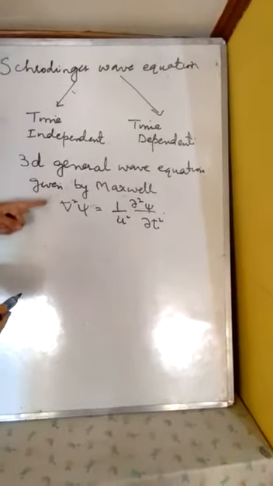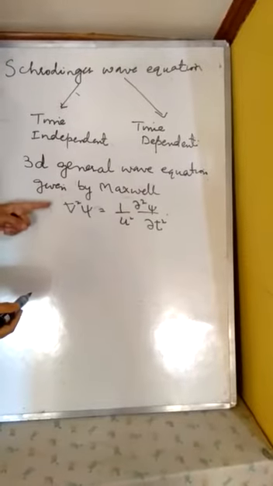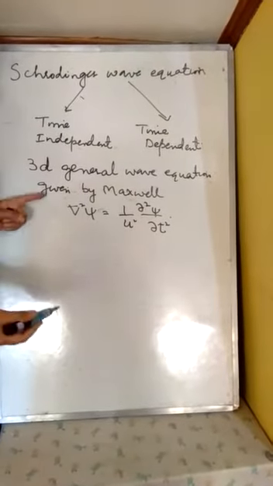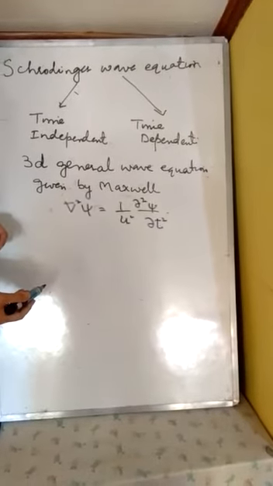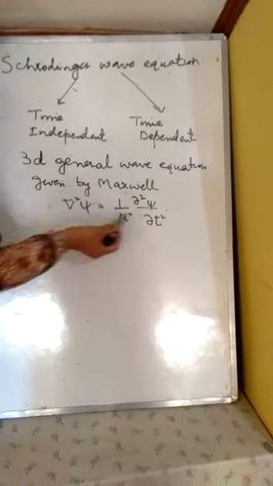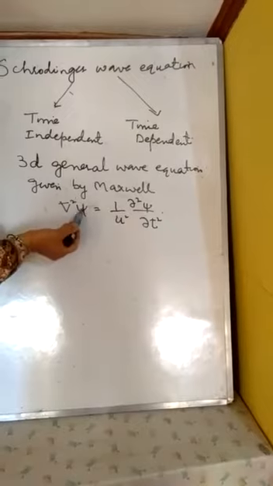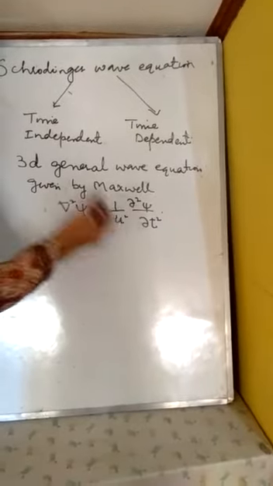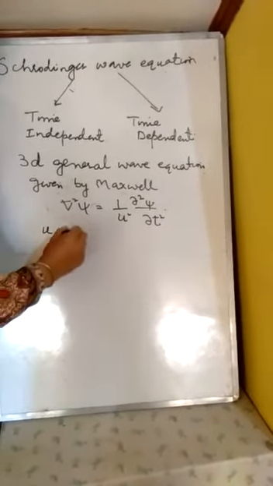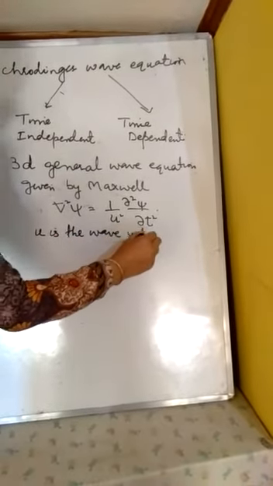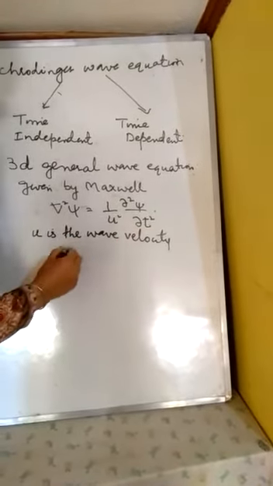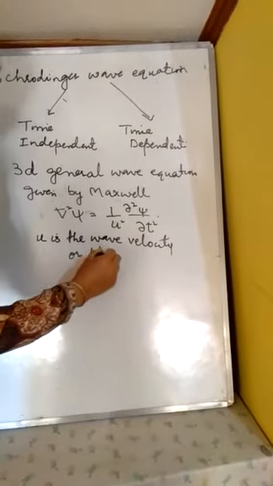This is the general equation for wave motion, which I believe that you have done in your previous semesters. Even if you have not, it's not a big deal to do it. We can do it at any later part of time. Psi is the wave function, and this equation relates the space variation of wave function with the time variation, and u is the wave velocity or phase velocity.